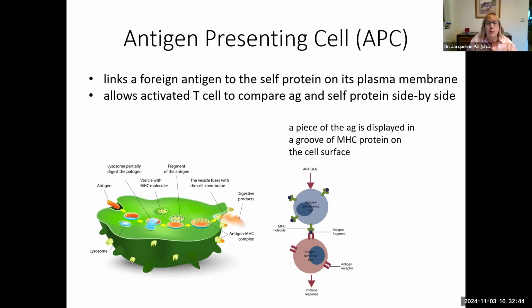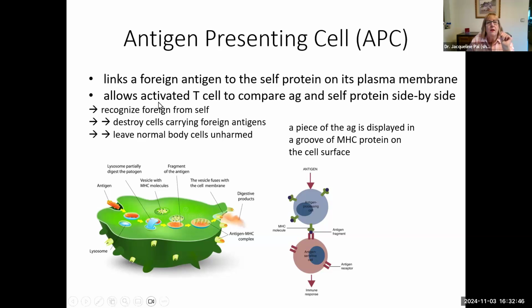I see the problem, okay? So it recognizes foreign from self, and now it has the message, destroy cells that are carrying foreign antigens and leave cells that have self antigens, the self MHC, leave those alone.